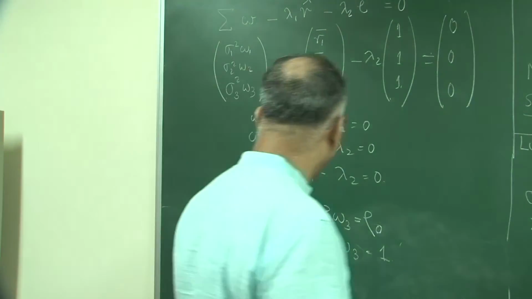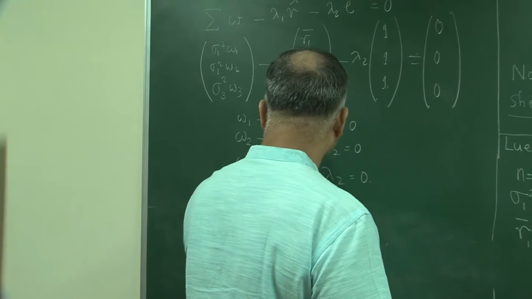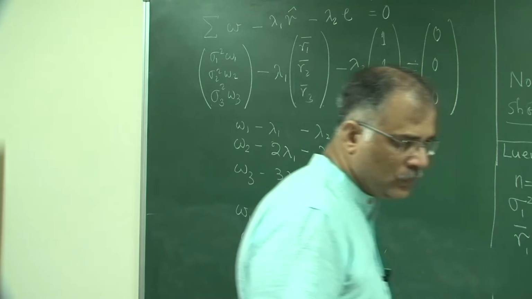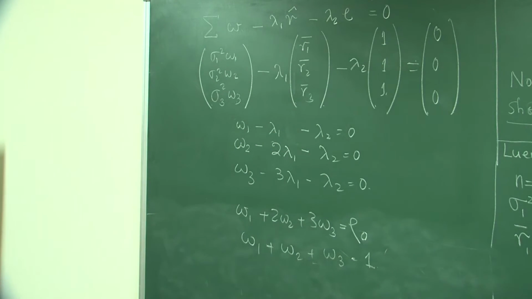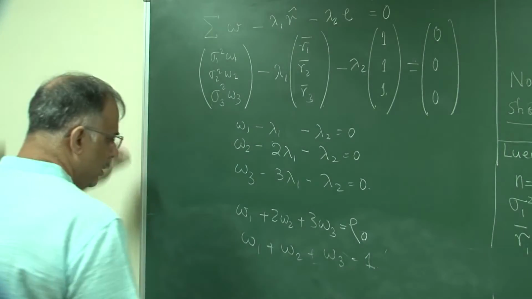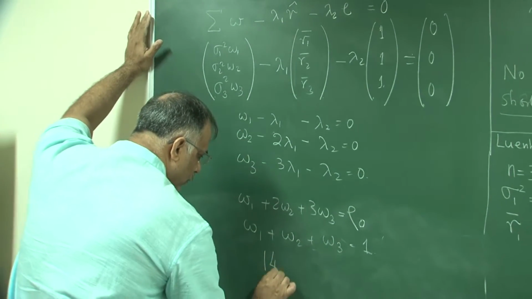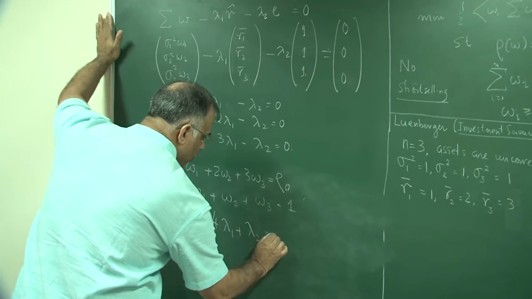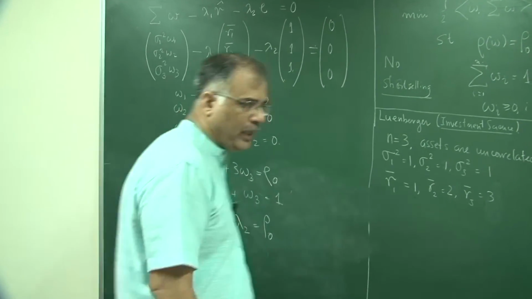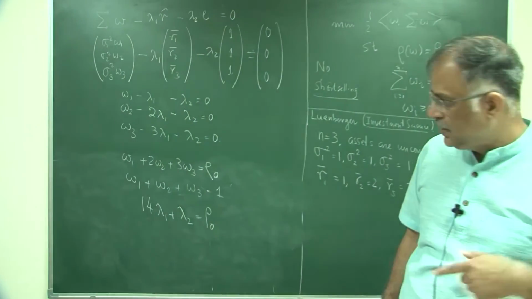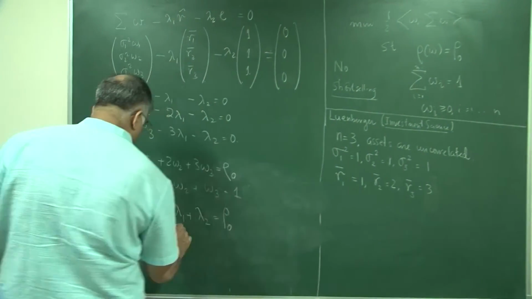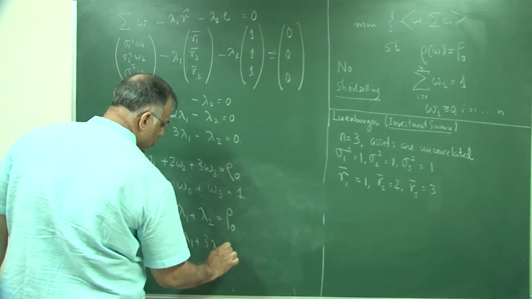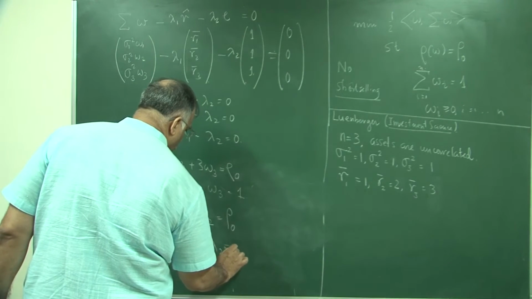So how will you solve it? Find out W1 from here, W2 from this equation, W3 from this equation, and put it here. So once you do that, you will get two equations. 14 lambda 1 plus lambda 2 is equal to your rho naught, and 6 lambda 1 plus 3 lambda 2 would be equal to 1.